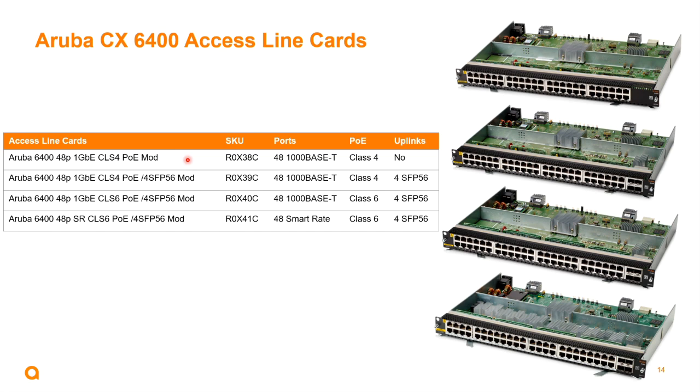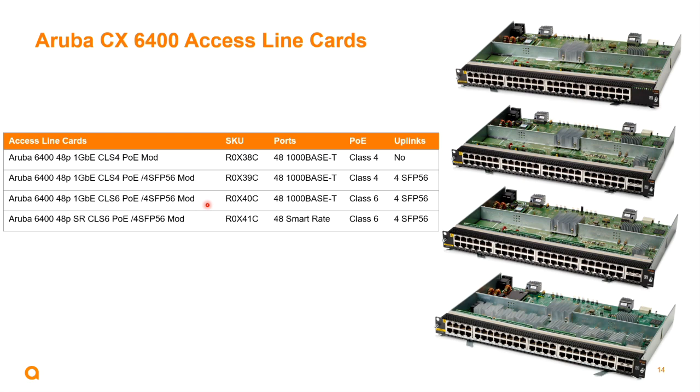This is really meant for density at the access. Then we follow that with a 48 port 1 gigabit Ethernet copper, again class 4, providing us 30 watts of power. However, this time this module has 4 SFP56, providing us up to 50 gig of uplinks.